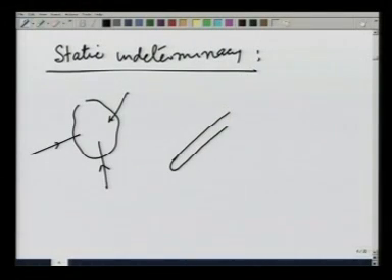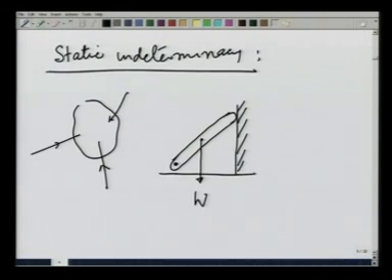Let us take a rod which has a pin joint at the lower end, and let us say it has weight W. For it to be in equilibrium under this weight, it will have to be supported on this side by, say, a wall, and that is enough to ensure equilibrium, because in this case, if I look at the free body diagram of the rod, it will have a force acting down, which is its weight.